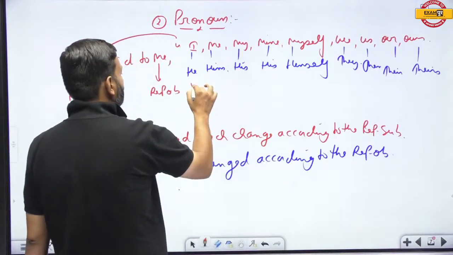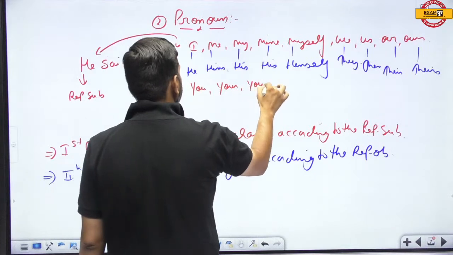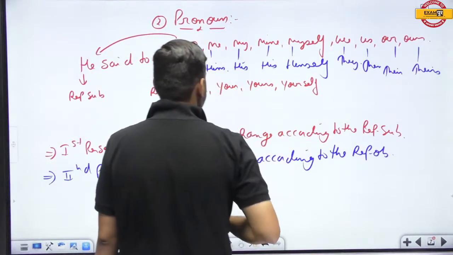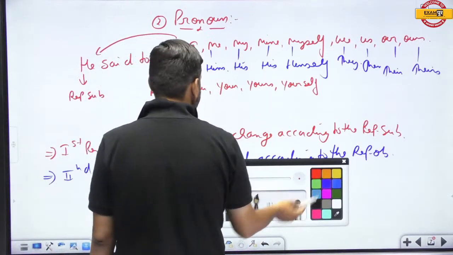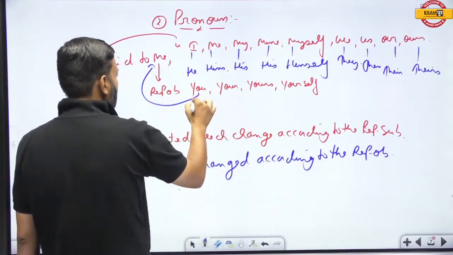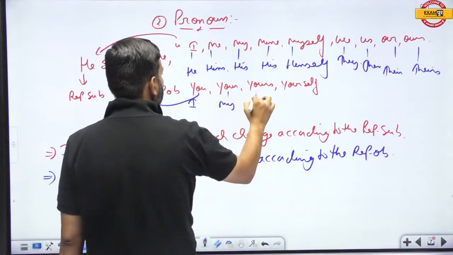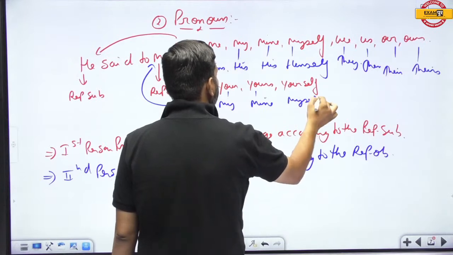Second person pronouns are you, your, yours, yourself. These are second person pronouns. So these must be changed according to the reporting object. So the reporting object is me. So you will change into I, your into my, yours into mine, and yourself into myself.